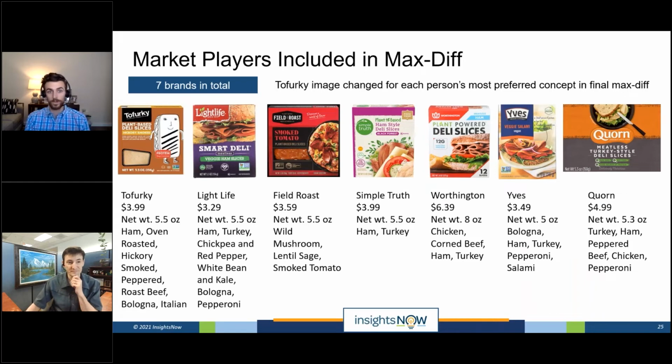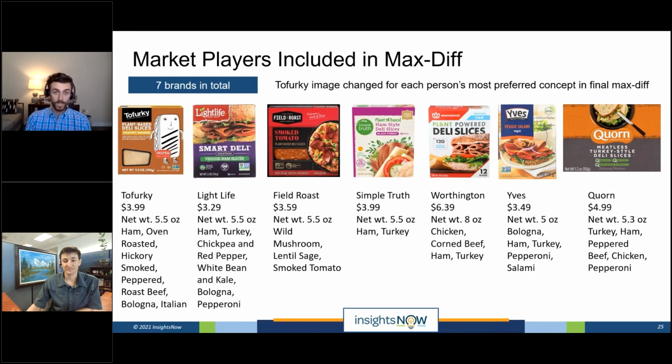So the plant-based meat alternative has a lot of players, and the ones that we included in our tests included Tofurkey, the control box, and 6 other brands. And so within these brands, we also provided other details beyond the name, including the price and other flavor options in the SKU lineup that are available within each brand.